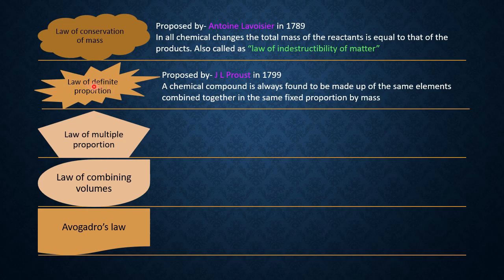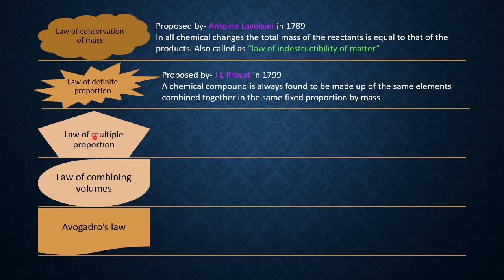Now, the third law, the law of multiple proportion. Here, proportion is multiplied. What does that mean? The previous law is for the formation of only one molecule. But this law is for when two or more elements combine and form more than one molecule. For example, when carbon and hydrogen combine, you will get methane, ethane, propane, many things.